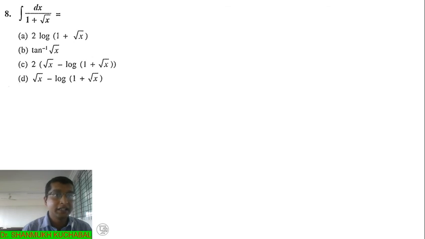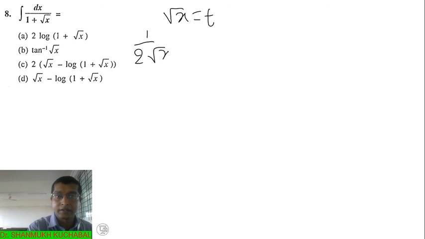It is the integration of dx divided by 1 plus root x. We use the method of substitution. That is, I take root x as a new variable t. Further we differentiate this: 1 by 2 root x into dx equals dt.